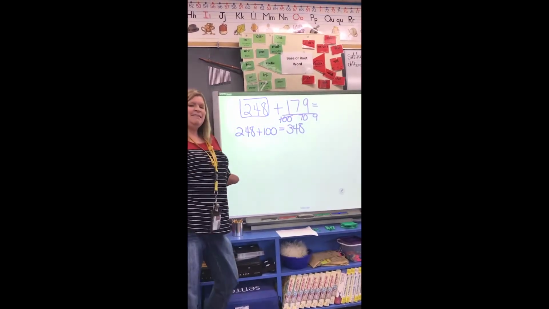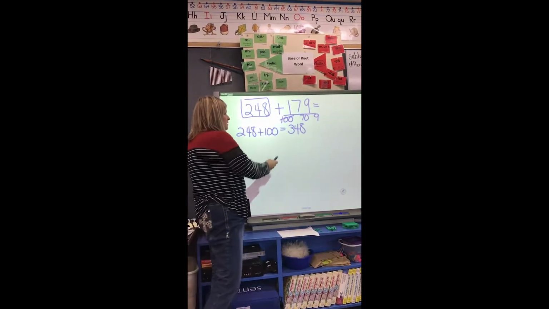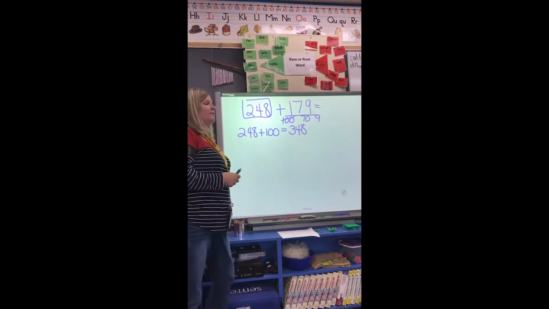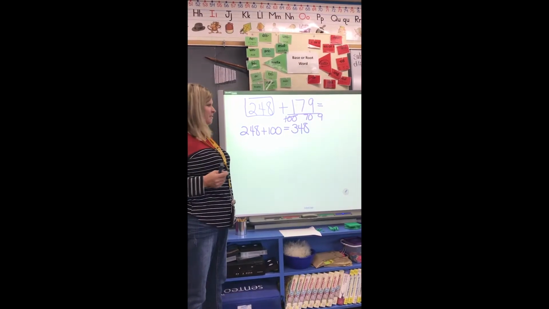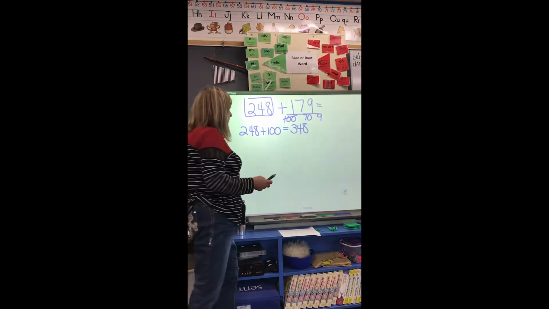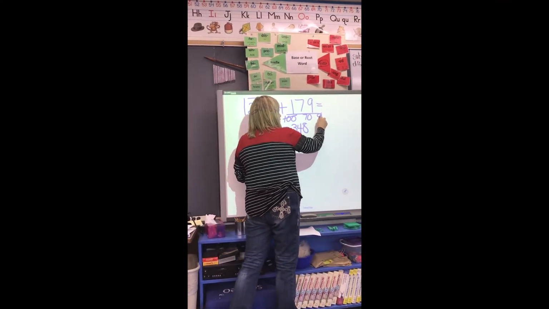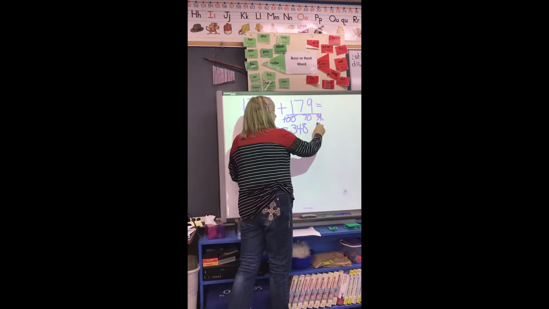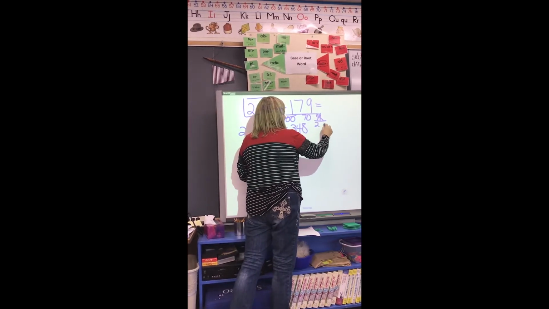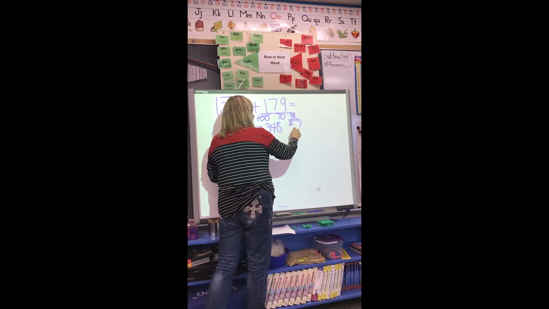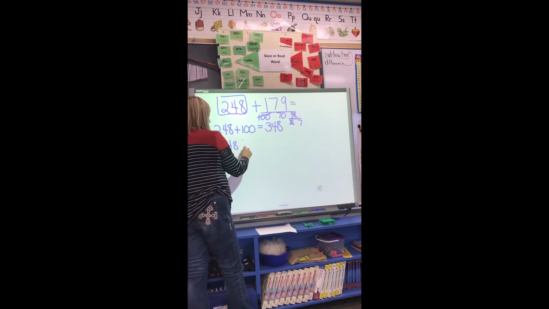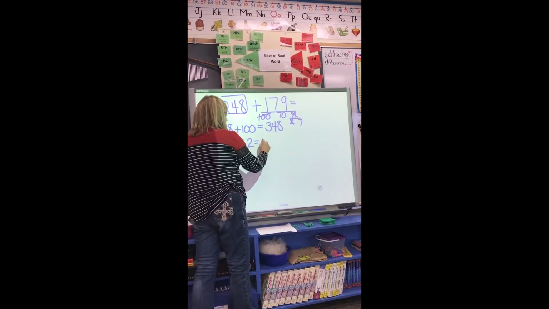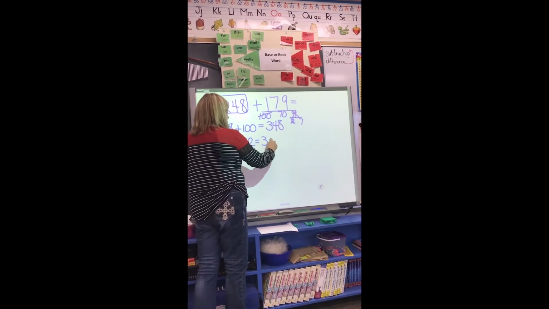Now, this is where I can start taking apart numbers, because I recognize that 348 is really close to 350. How close is it? 2. So I want to take 2 away from here. And if I decompose that number into 2 and 7, I want to use that. 348 plus 2 gets me to 350.